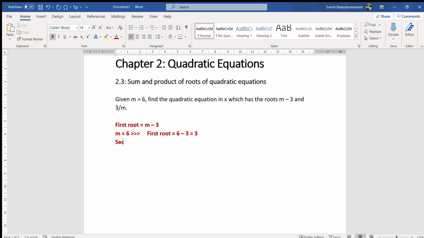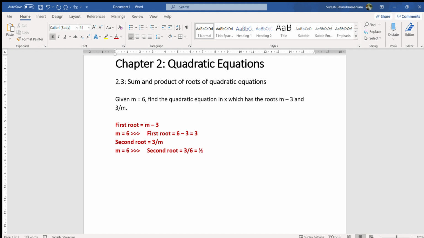Okay, so the second root given as 3 over m, place m equals to 6. So second root equals to 3 over 6, and that will be 1 over 2.